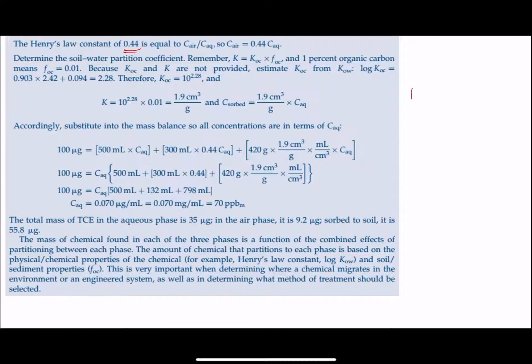Remember KH? KH is equal to the concentration of the organic in air divided by the concentration of the organic in water or aqueous. So we have 0.44. We need to find C aqueous, so we could do it like this.